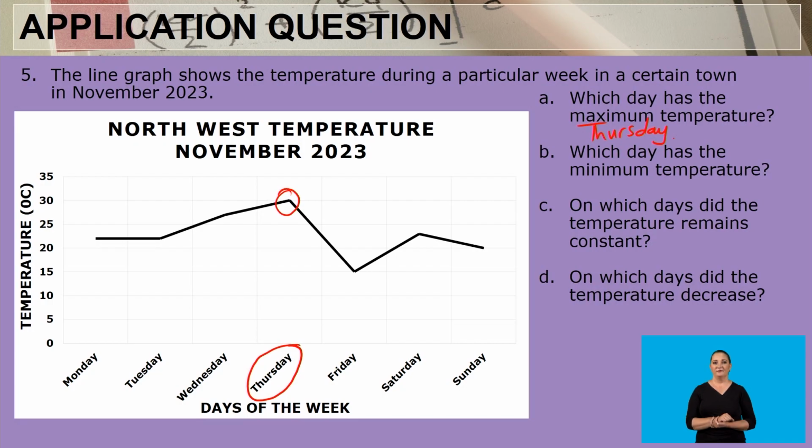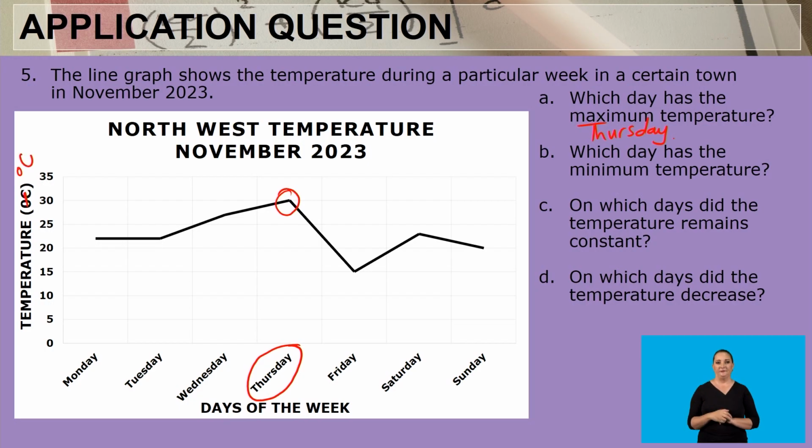What about the day with the minimum temperature? Now, the day with the minimum temperature, there we are looking for the lowest temperature. And remember, our temperature there is measured in degrees Celsius, and the way we would write degrees Celsius there would be that symbol over there.